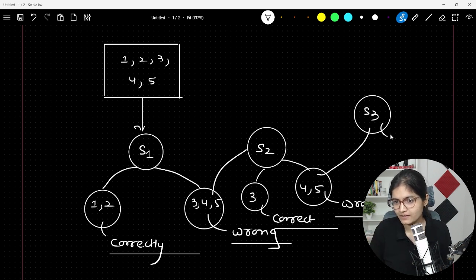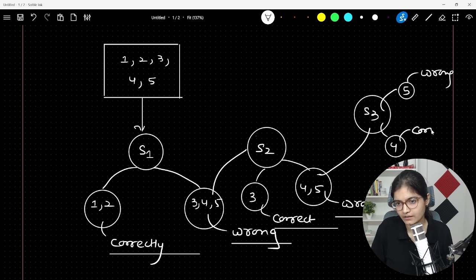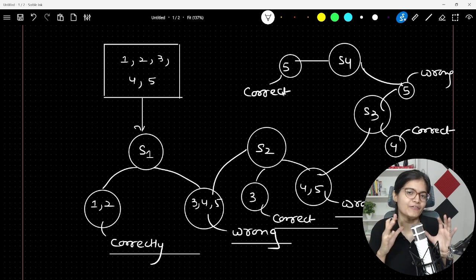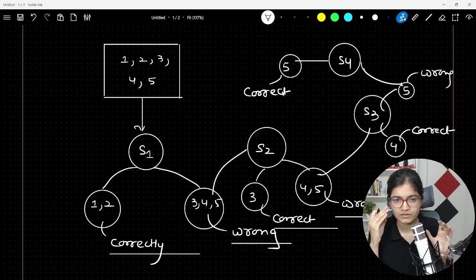Student S3 is smart but not that smart, so he has solved problem 4 correctly, but problem 5 he has also done wrong. Now I will call student S4 and provide only problem number 5, and let's say he gives me the correct result. So at the end of the day, I will have the correct solution of all problems from 1 to 5.